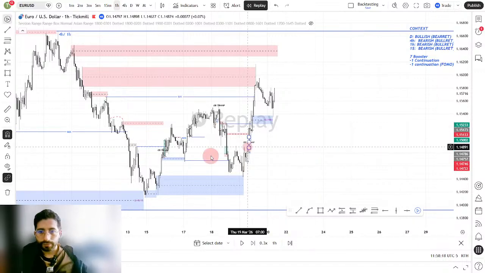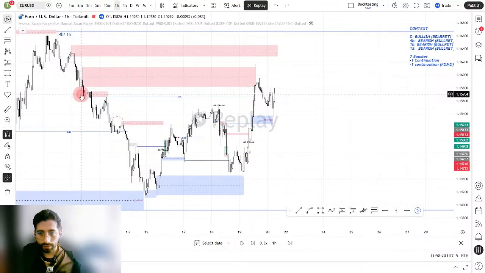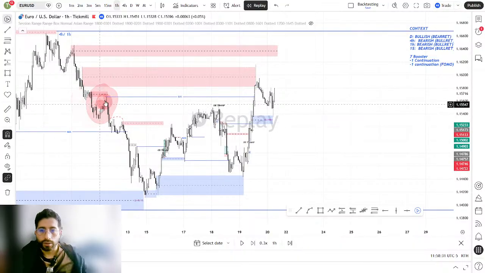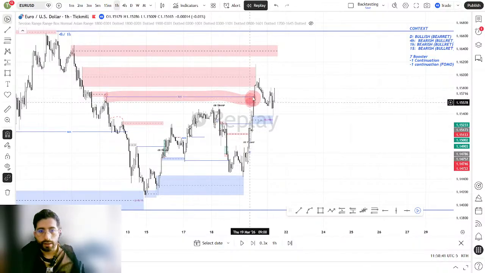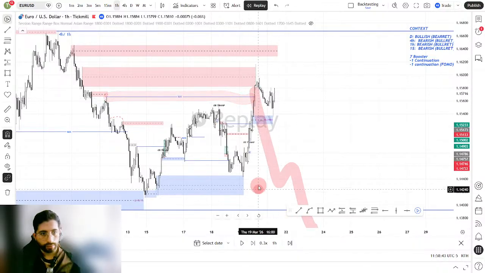For example, why this order block, this one, or this one I have here, or this one, didn't work? I mean, according to the theory, it should have a reaction. This order block, when the price entered this order block, the one I'm marking here, it should have had a reaction for the price to go down.